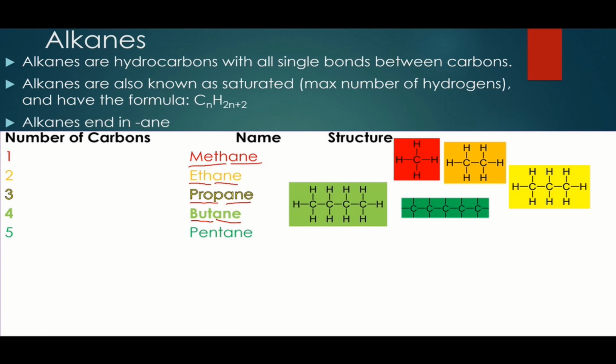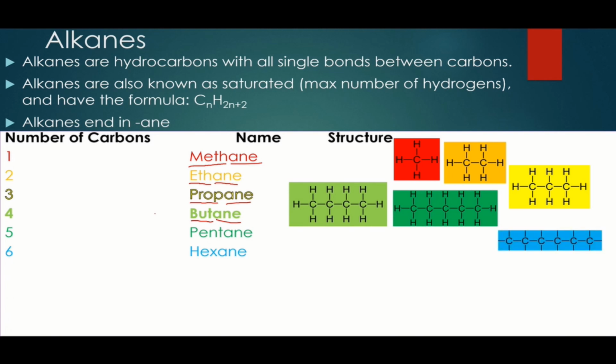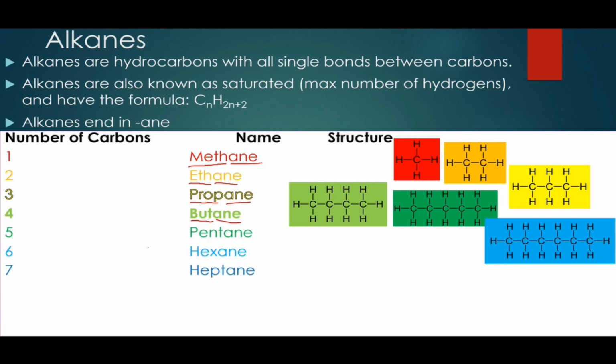Each carbon makes 4 bonds. Make sure that each of those bonds is attached to a hydrogen. And there we go. 6 carbons. Again, the prefix for 6 is hex. The ane tells us they are all single bonds. Fill up each of those single bonds with a hydrogen, and there's our structure for hexane.